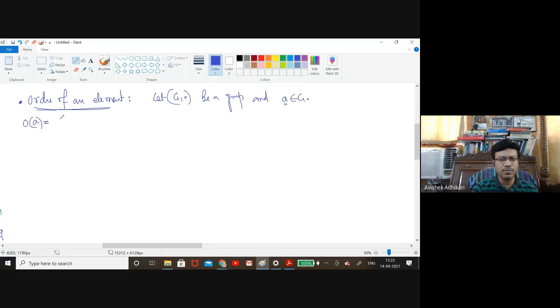So this is nothing but the smallest positive integer n such that a to the power n, that means a composed with itself n times, becomes e. Now my question is, is it correct? Is it true or false?